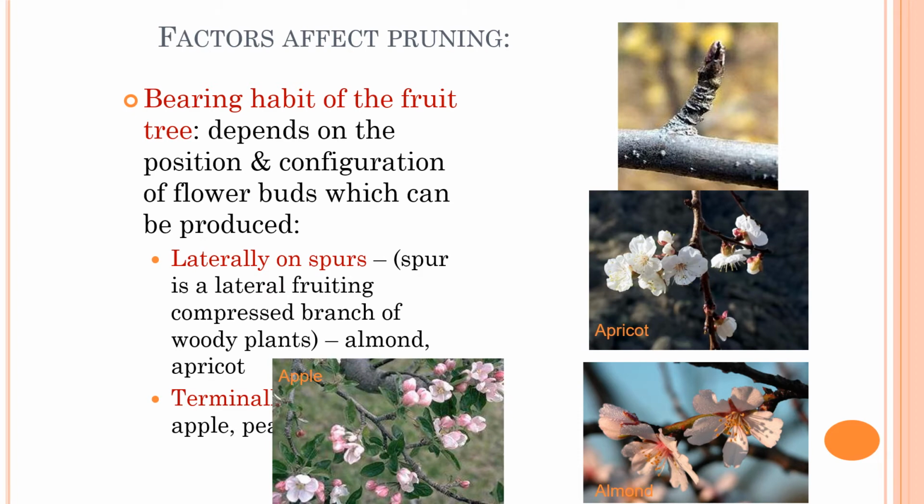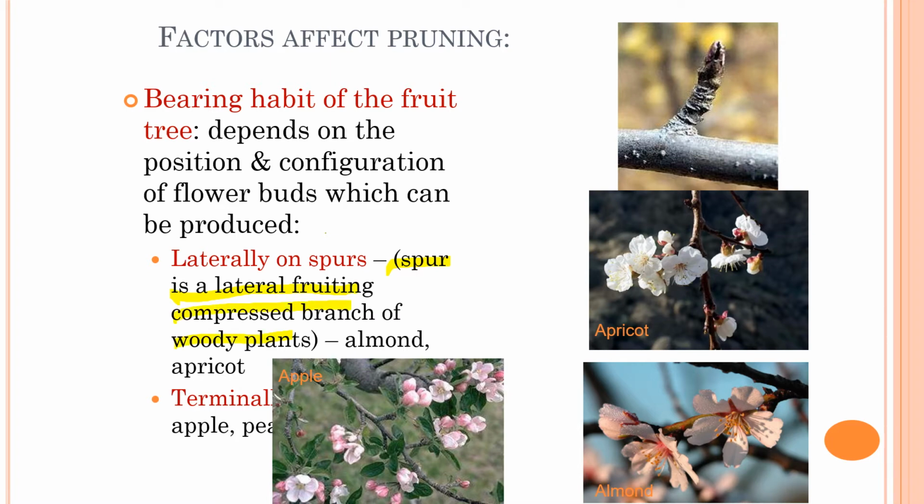Next type of bearing habit is called spurs. The spur is actually almost like a shoot, but it is shrunk. A spur is a lateral fruiting compressed branch of a woody plant.